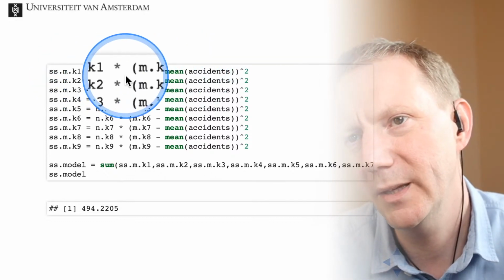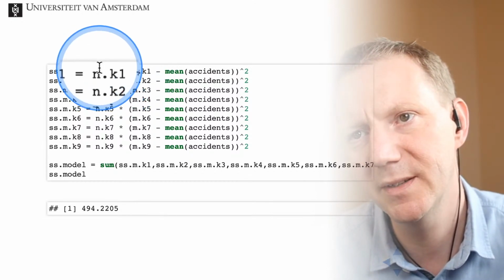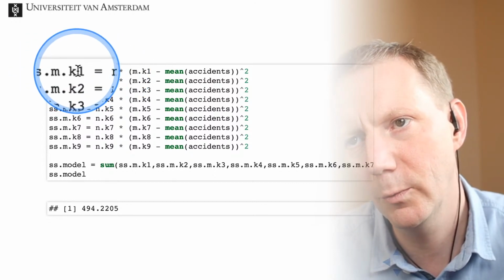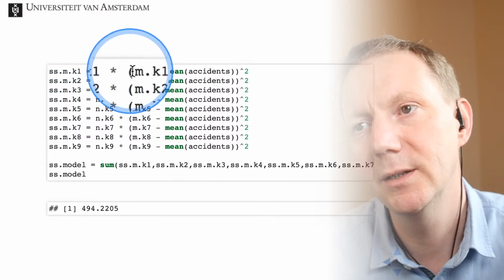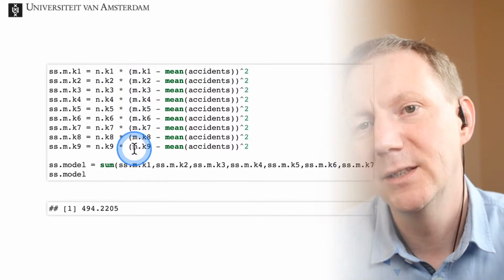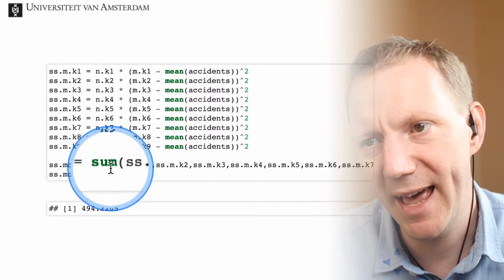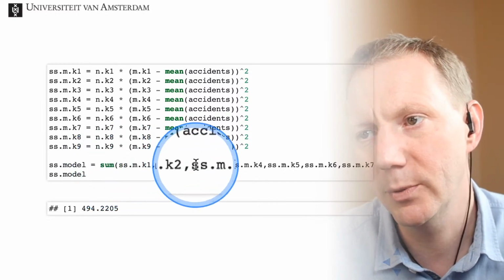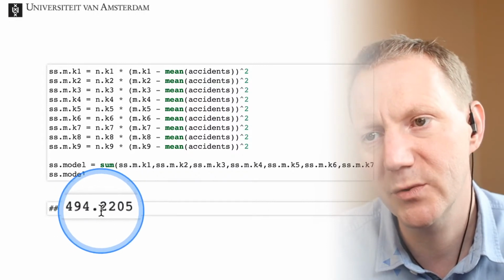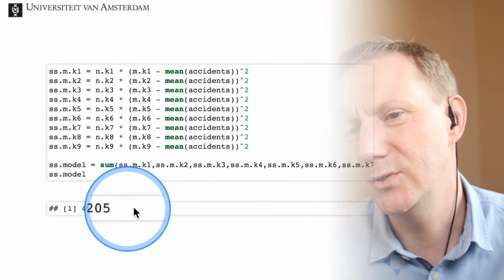And we have a lot of people in that group, I think it's about 20, so we have to multiply that distance with the number of people in that group. So the sums of squares for group 1 is equal to the squared distance times everyone that is in that group. So if you want to know the total sums of squares for the model, we just add all these sums of squares for each group together, and we will find a total of 494.2205.